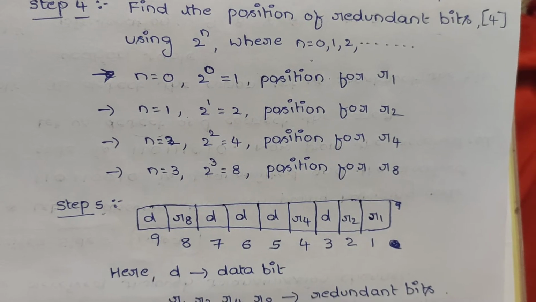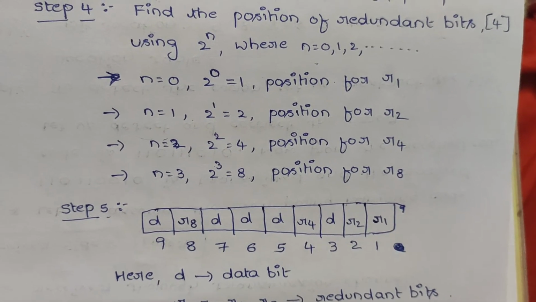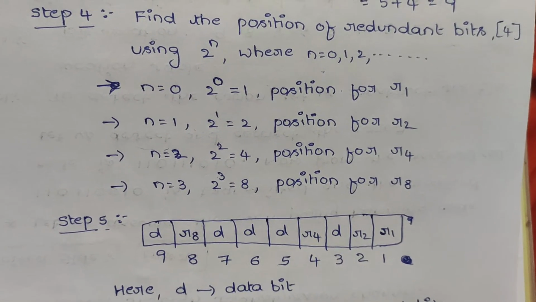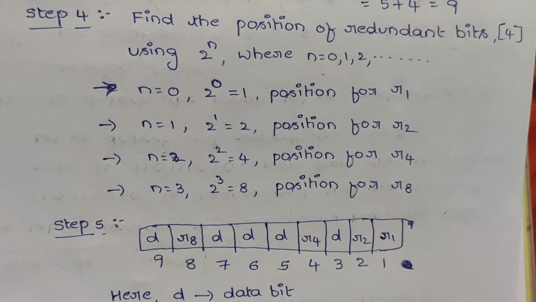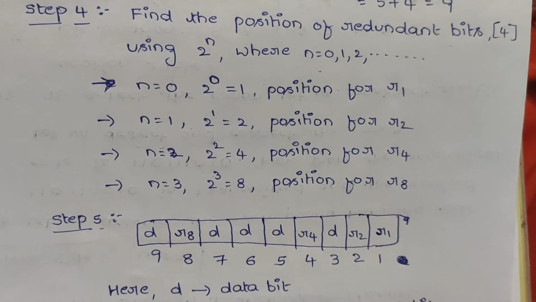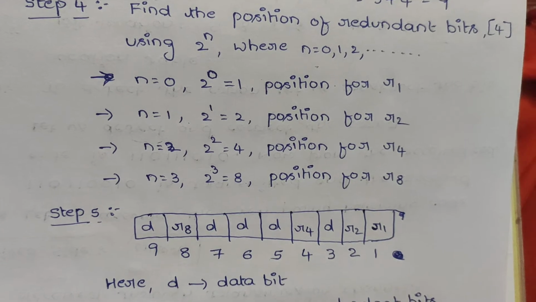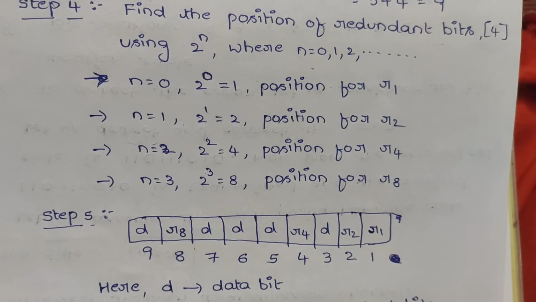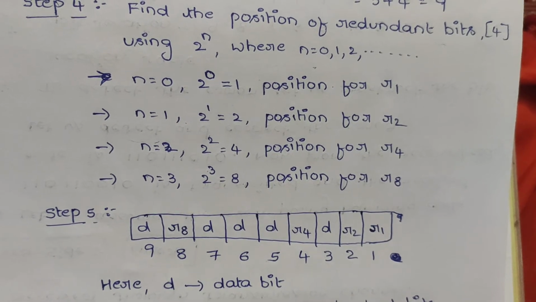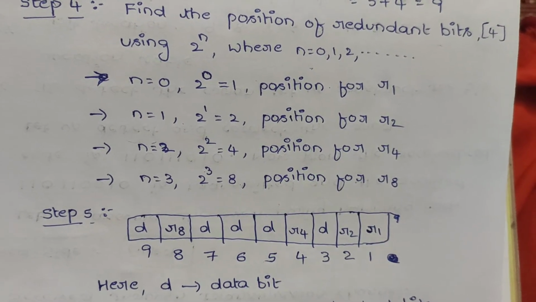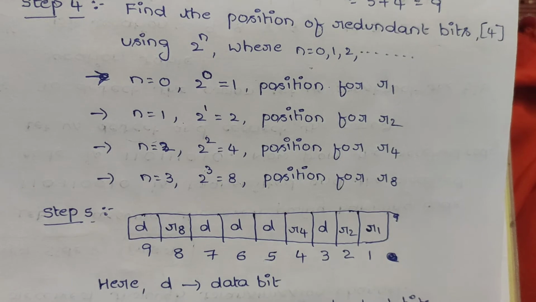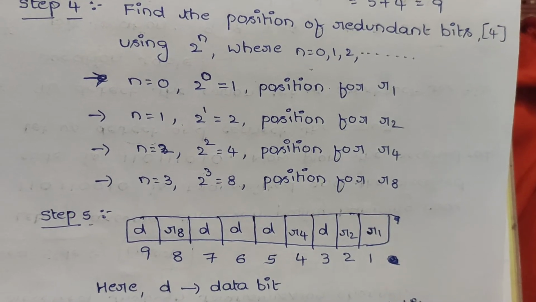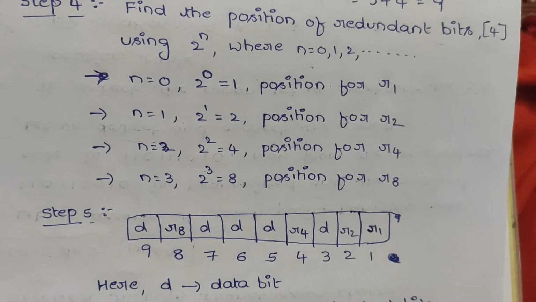For the r2 position, n is equal to 1, that is 2 to the power of 1 is equal to 2. Next, if n is equal to 2, 2 to the power of 2 is equal to 4, so the fourth position is used for placing r4. Next, n is equal to 3, then 2 to the power of 3 is equal to 8. So 8 is the position for placing r8, redundant bit 8.